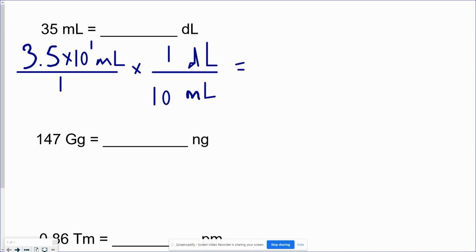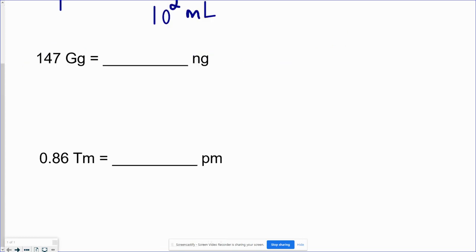And then here we're going from -1 to -3, which is 2 steps. So that becomes a 2. When you divide exponents, you subtract them. So you should get 3.5 times 10 to the -1st deciliters.